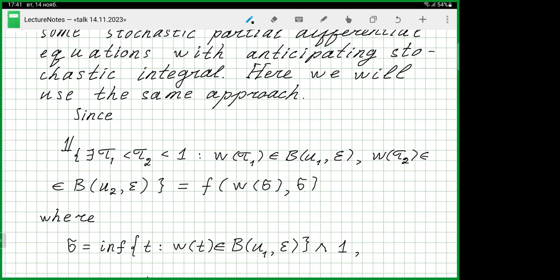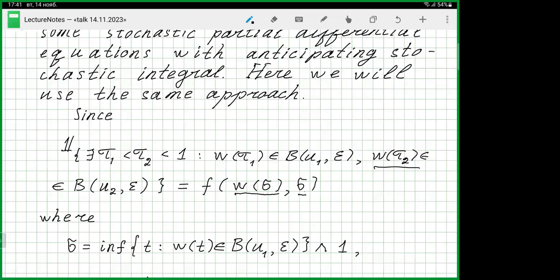This is an indicator that we have this new visit, tau 2, and this is a function of W sigma and sigma, where sigma is the first moment of hitting of the ball U1 epsilon.